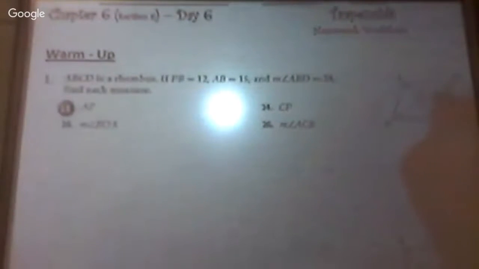This is a rhombus. PB is 12. AB is 15. Angle ABD is 24 degrees. Find each measure. A to P. Well, this is a right angle.